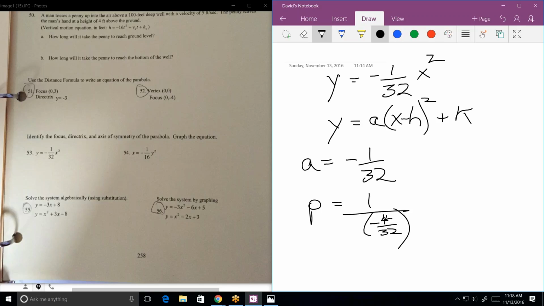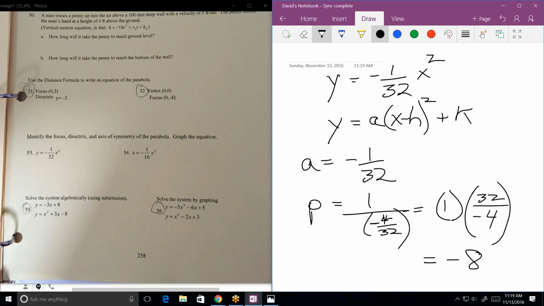Okay, it's as simple as that. So this is the same thing as 1 times 32 over minus 4. That's minus 8. So the focus is minus 8.